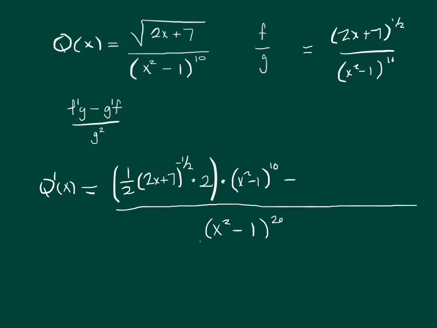Minus, now we've got to deal with g prime. Of course, the outside function is 10th power. So we have 10 x squared minus 1 to the 9th times the derivative of the inside function. Derivative of x squared minus 1 is 2x.